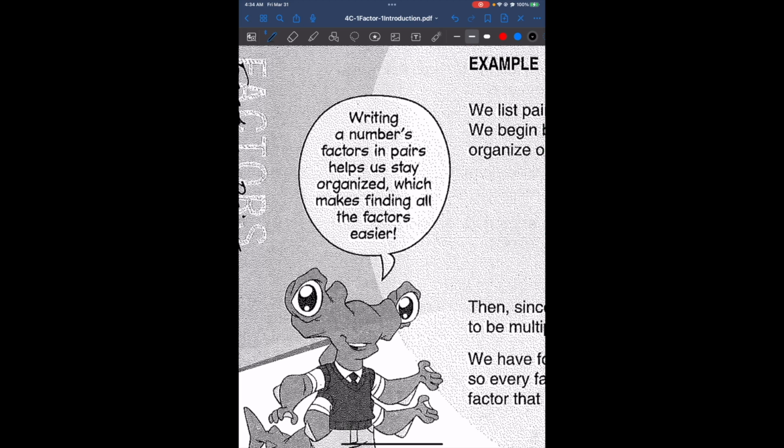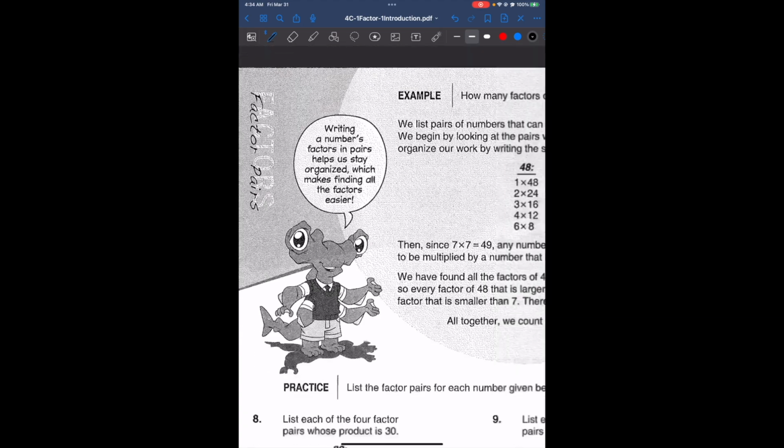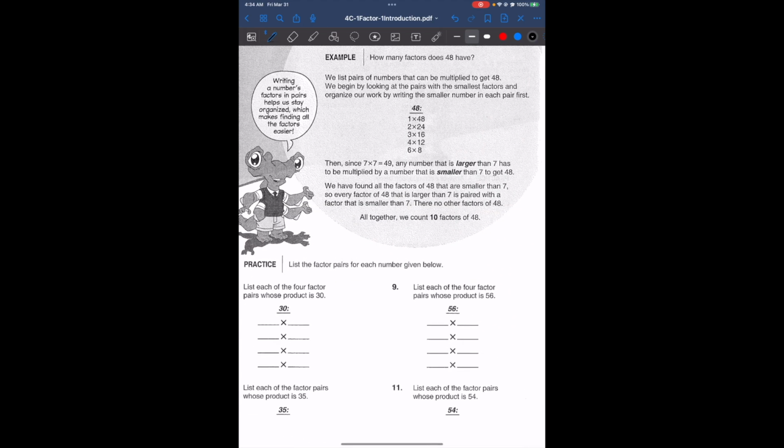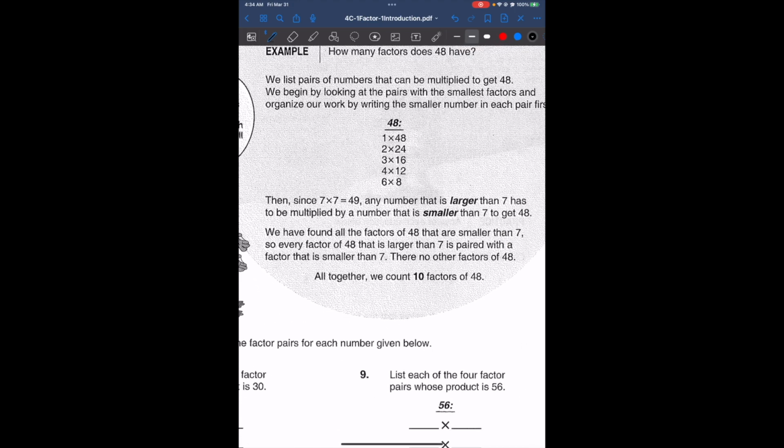Writing a number's factors in pairs helps us stay organized, and it also helps us prevent missing any factors. So it makes finding factors easier and more organized. So we list pairs of numbers that can be multiplied to get 48.